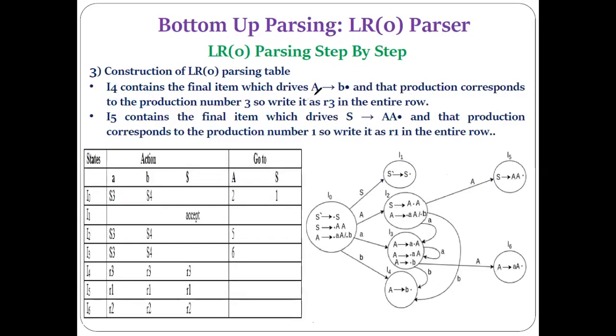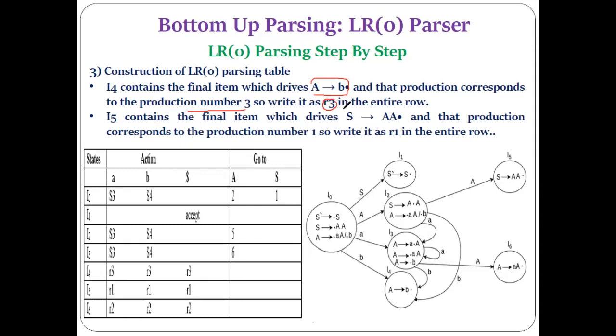So what we will do now, we will write R3. What is the meaning of R3? R means reduction, and reduction because of production number 3. That is the reason R3.